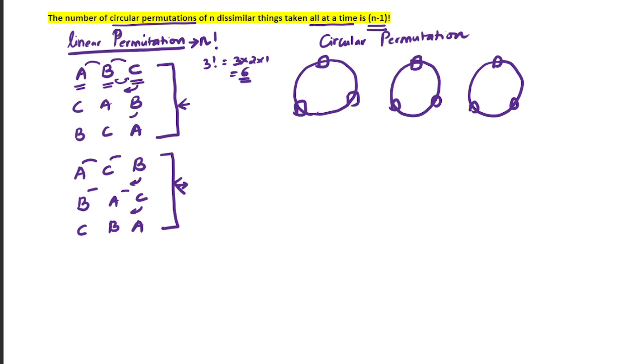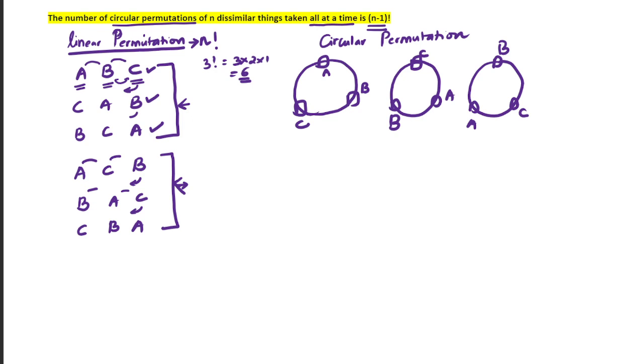So I'm going to write down my first arrangement, A, B, and C, and then my second arrangement, C, A, and B. My third arrangement is B, C, and A.